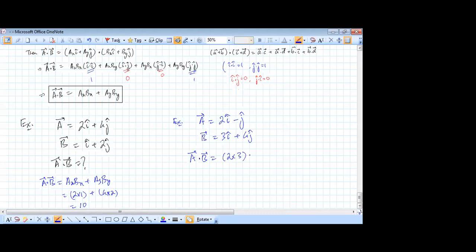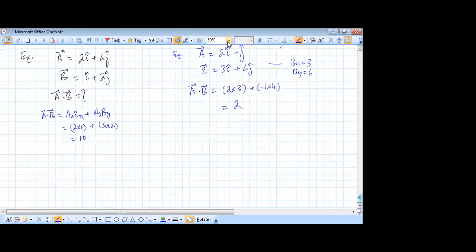So this is 2 into 3 plus minus 1 into 4 हो जाएगा, because यहाँ पे देखो A के components क्या हैं? They are 2 and minus 1. B के components क्या हैं? 3 and 4. So substitute accordingly. So this will not be 10. This will instead be 6 minus 4, or this will be 2 in this case. So just make a note of these two examples, please.